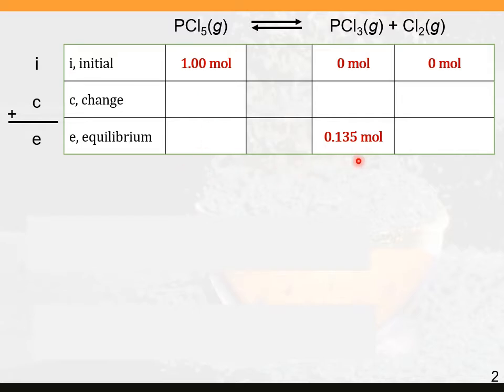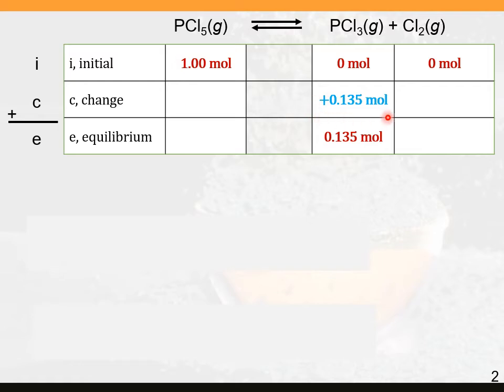Looking at the given information we have placed already into the table, it is clear that we can determine only the change in phosphorus trichloride amount. There isn't enough information to do any other calculation. So if the amount went from 0 to 0.135, the change must be 0.135 moles. It's a positive change because it's increasing.